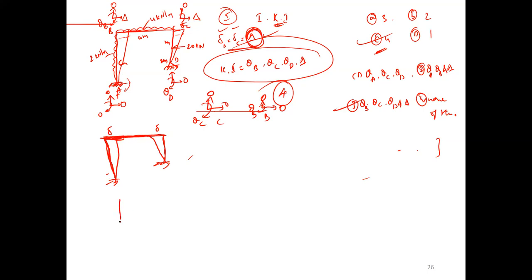Or if you are assuming inward, definitely it is outward. Clear? It must swing outward. If it is inside the frame, this one will go away. It will go outside the frame, it will come within the frame.